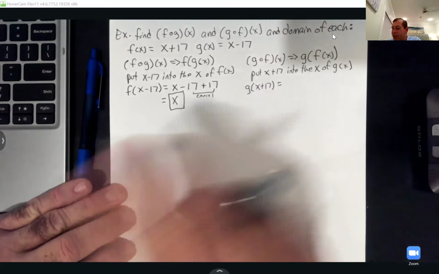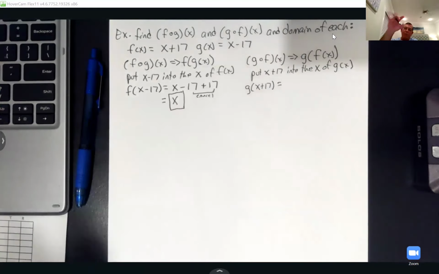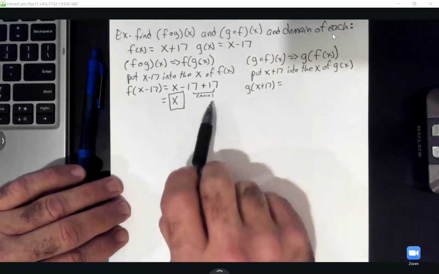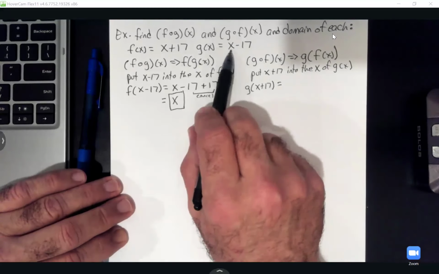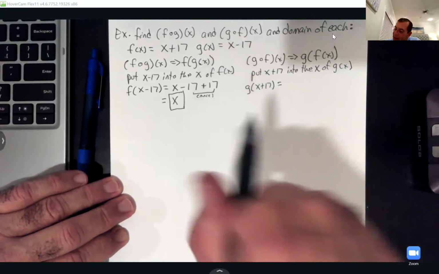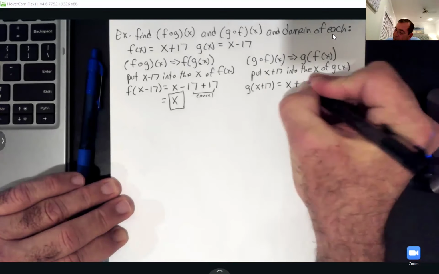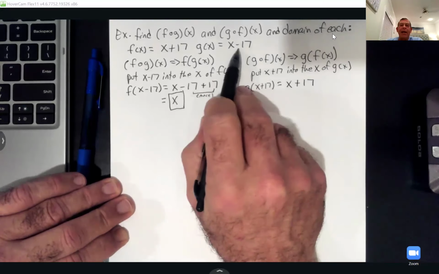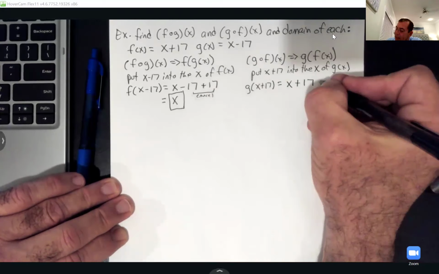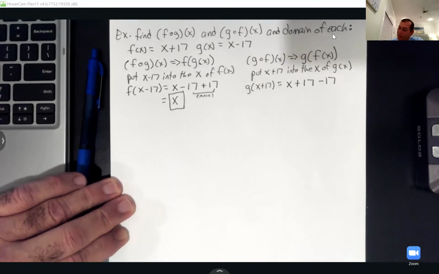Notice, with these compositions, it's the whole function that we're putting in. So let's find our g equation. It's x minus 17. In place of that x, we put our x plus 17, and I still have a minus 17 at the end. Look what happens on this one.